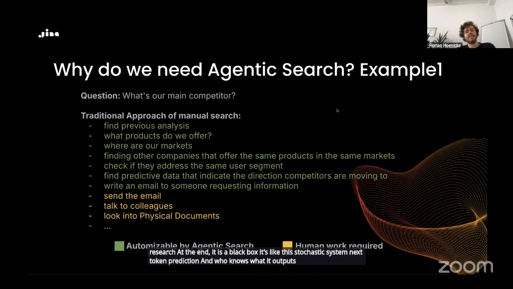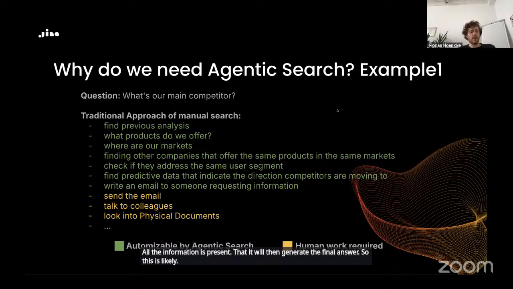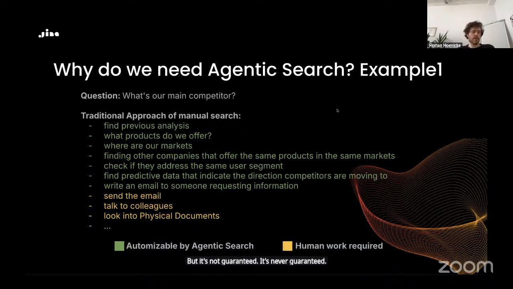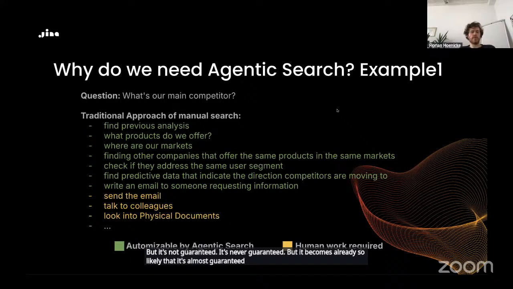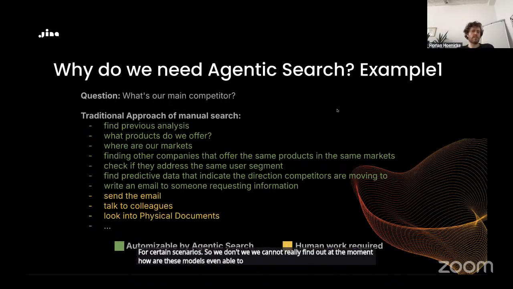It's just very likely that in situations where it gathered enough data and all the information is present, it will then generate the final answer. So this is likely, but it's not guaranteed. It's never guaranteed, but it becomes so likely that it's almost guaranteed for certain scenarios. We cannot really find out at the moment how these models are even able to generate the final answer, but they do.